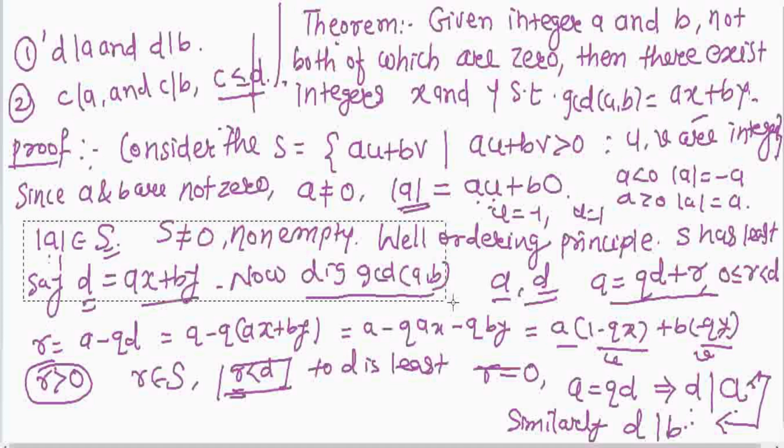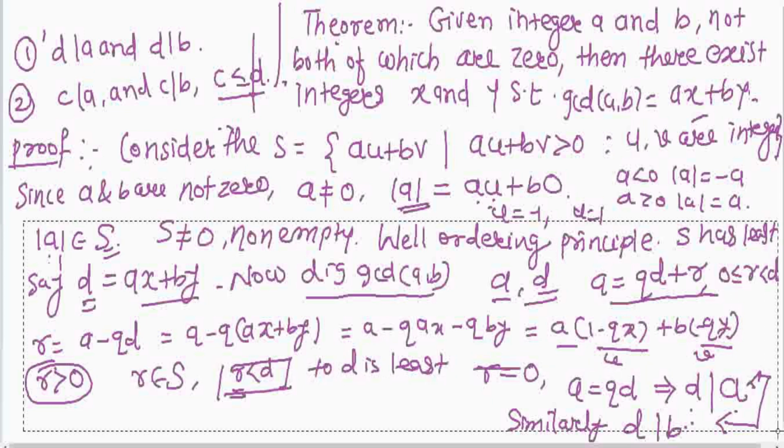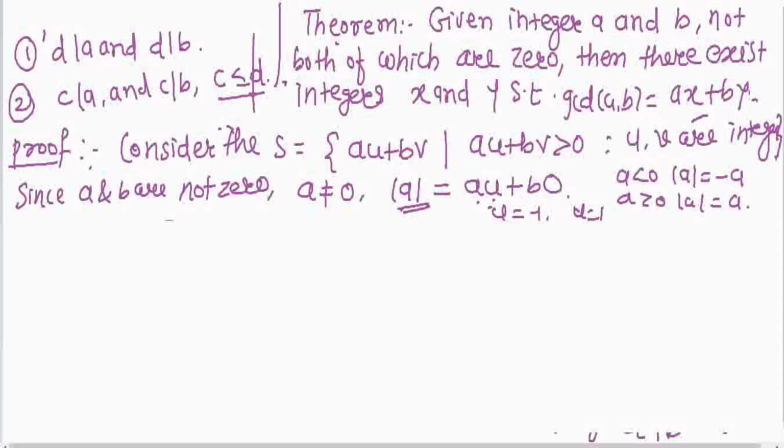What is the second condition? Suppose that we have another common divisor C. If C is a divisor of A and C is a divisor of B, then by the theorem we proved in the previous video regarding divisibility, C is a divisor of AX plus BY.